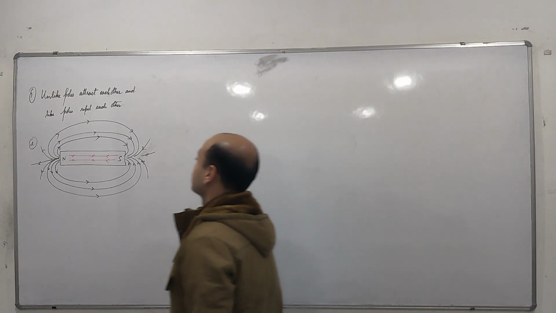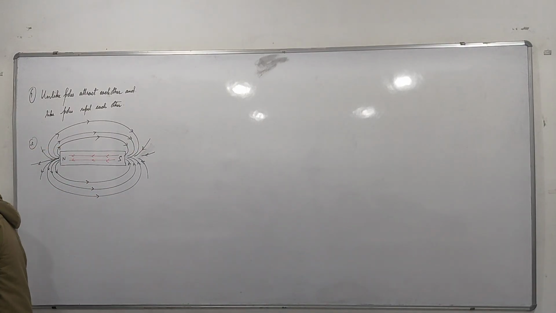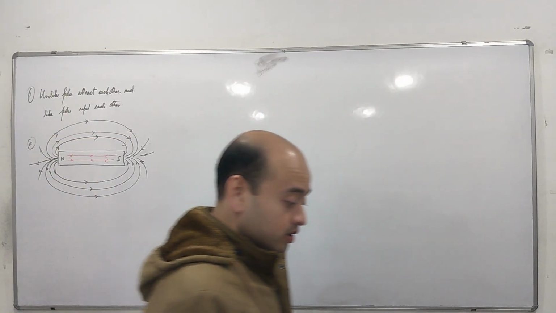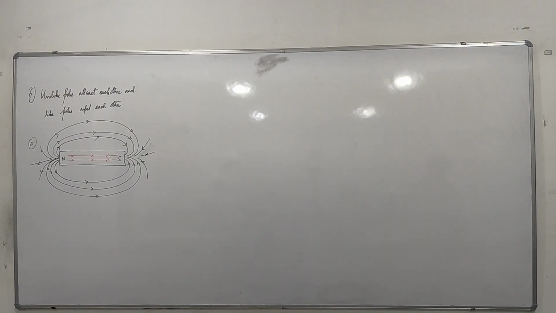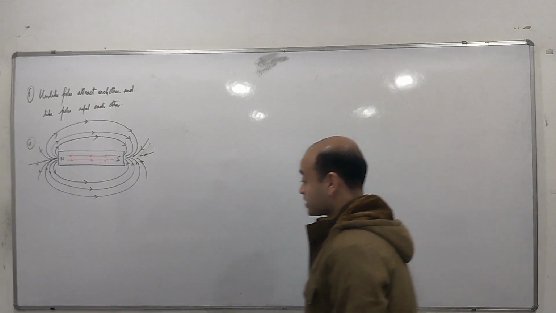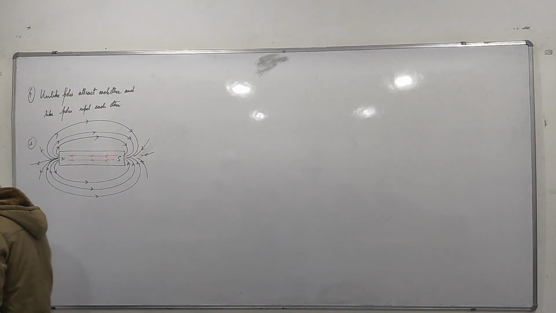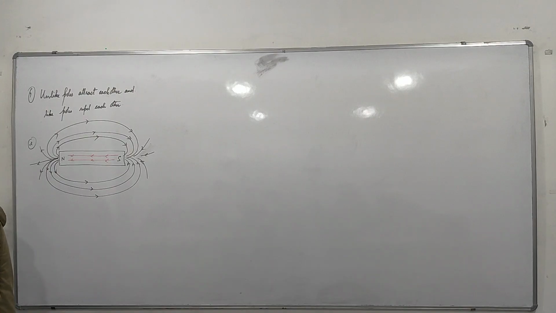The density of the magnetic field lines decreases, thereby decreasing the magnetic pull. Okay.